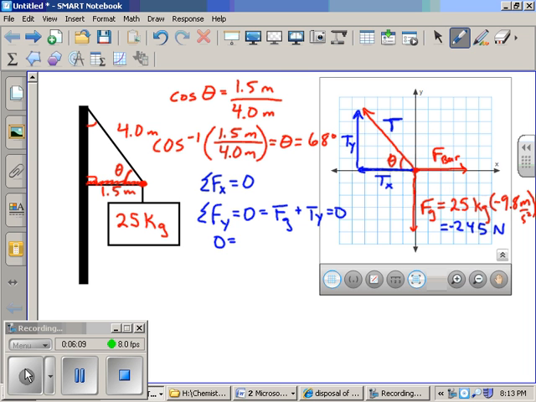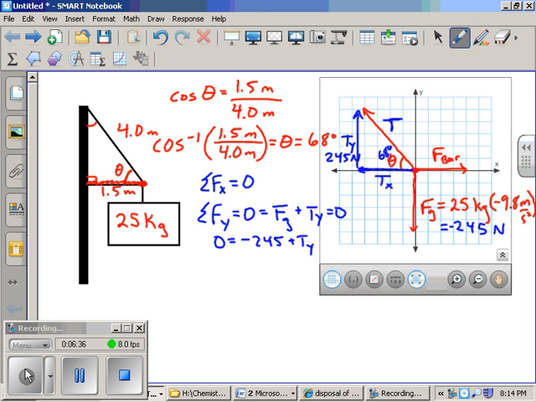Therefore, 0 must be equal to negative 245 plus Ty. And that's the mathematical way of saying that Ty has to be a positive 245 newtons. Well, now you know a side, 245 newtons, and an angle of 68 degrees. And you can calculate everything else on this triangle.